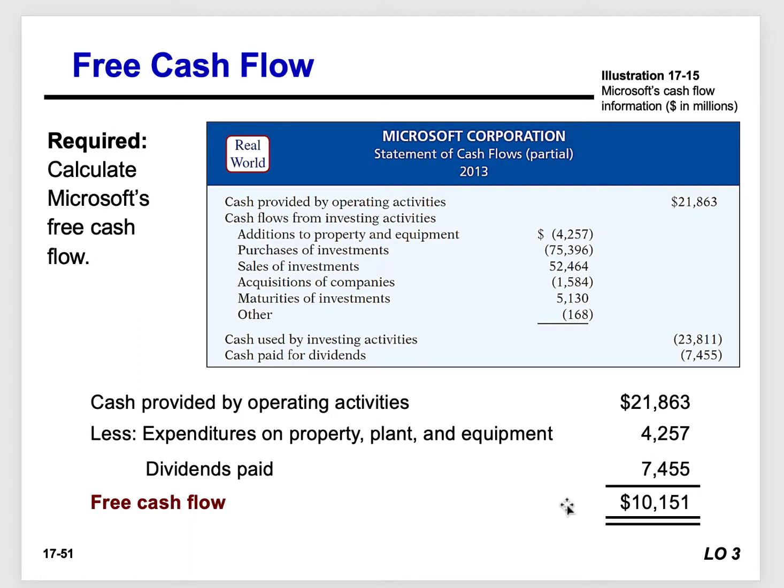We end up with $4,257. That's probably in millions, I would guess. How do we know that? Well, because we came up here and we saw additions to property and plant, $4,000.